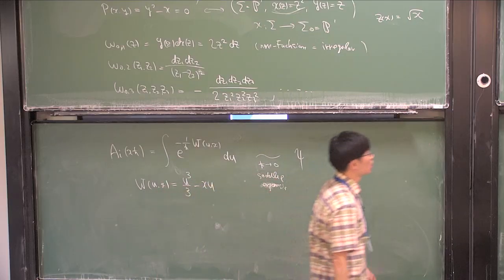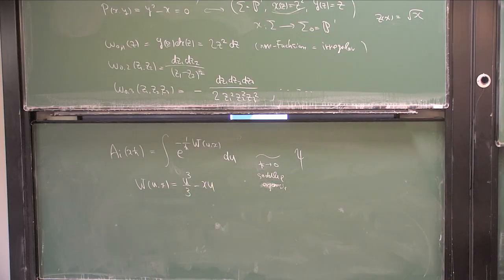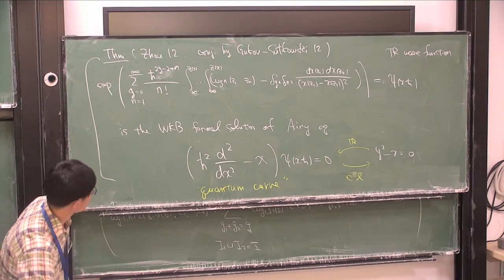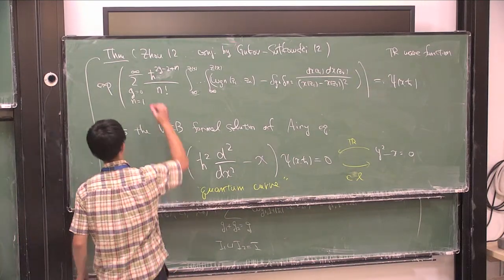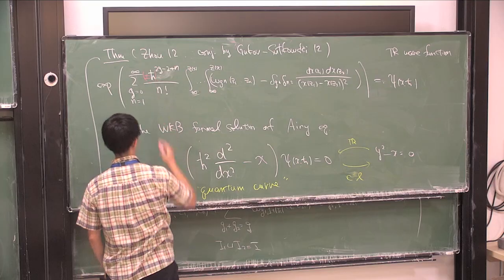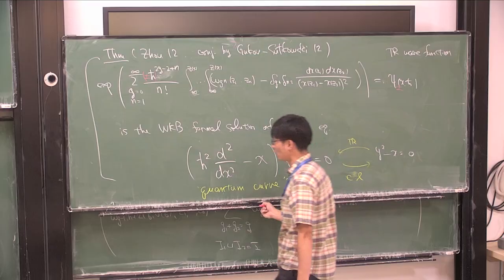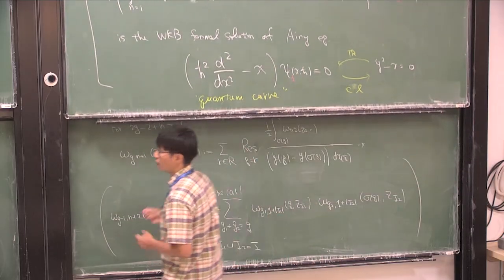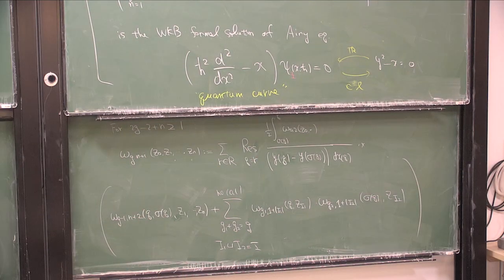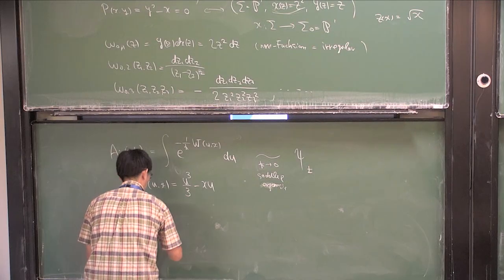Since the Airy equation is second order, there are two independent formal solutions, and they are obtained by this. The saddle point expansion requires you to look at the critical points of this functional, which are the zeros of w.